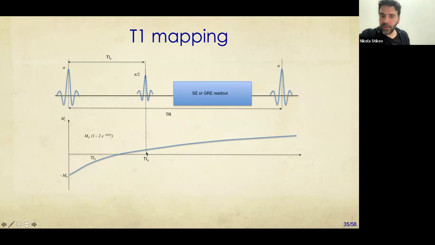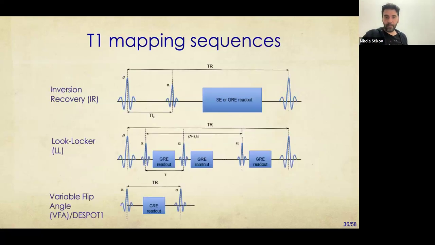I excite here at TI1, I excite here at TI2, and then I'm able to really trace this exponential curve and measure how much magnetization there is at different points in time. And this is one way to measure the T1 value.